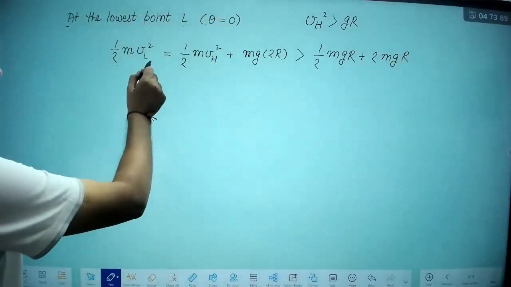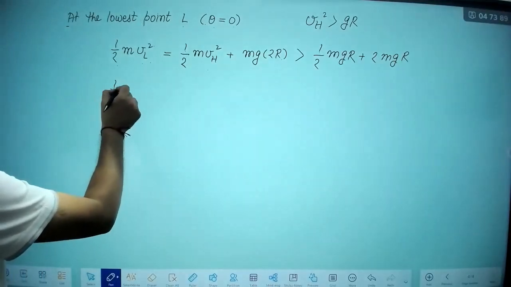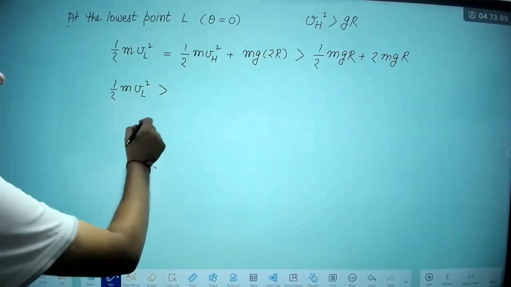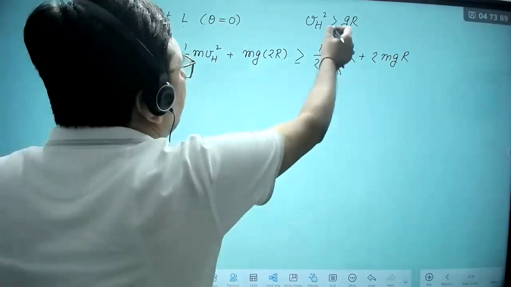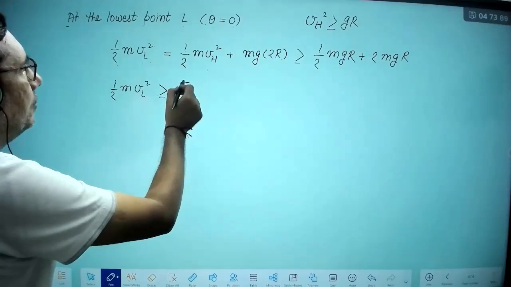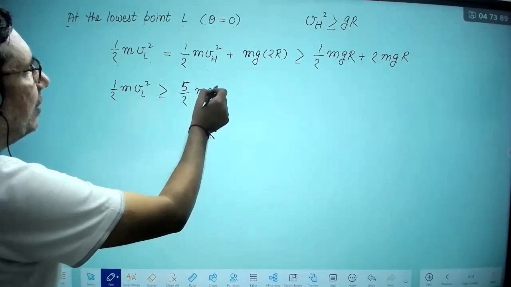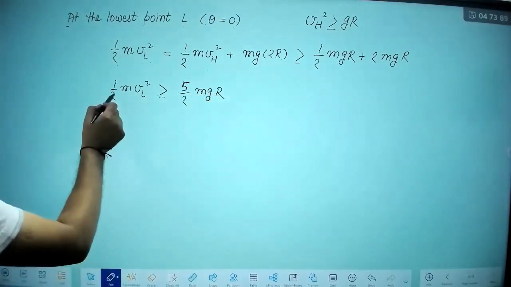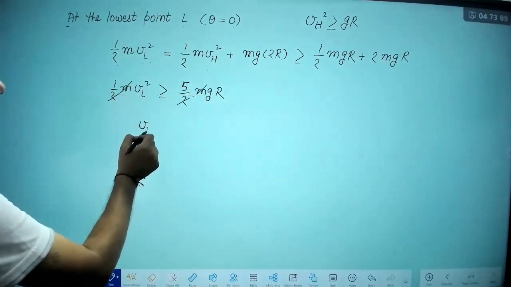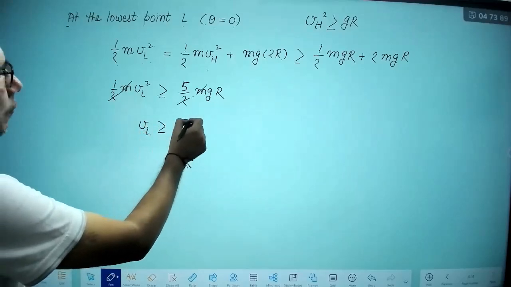So this 1/2 m vL square should be greater than or equal to, and how much will it be, beta, 5/2 mgr. So the 2 will cancel out, m will cancel out. So what will be the velocity at the lowest point? That should be greater than or equal to root of 5gr.